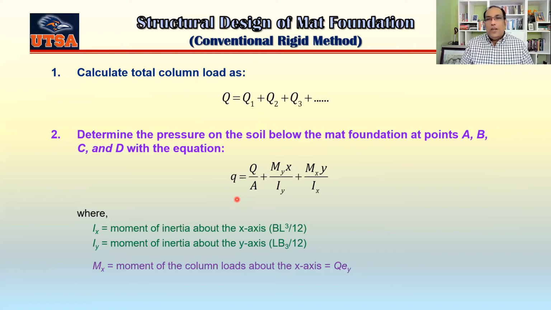But you cannot extend that much because you cannot go beyond the property line. But in most cases you will see there is at least 5 feet on each side. So if you make your slab size a little bit bigger, then you will be fine because your pressure will reduce, okay?